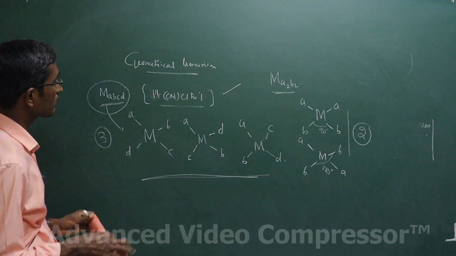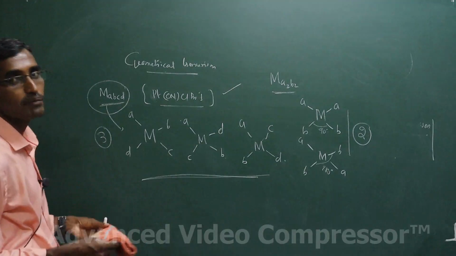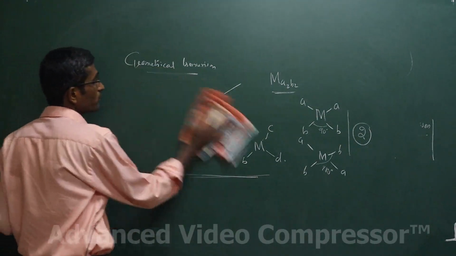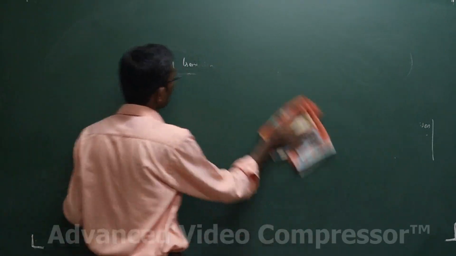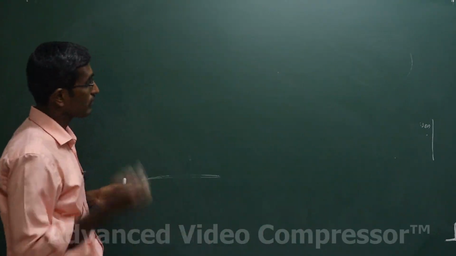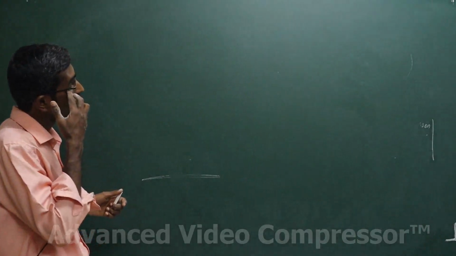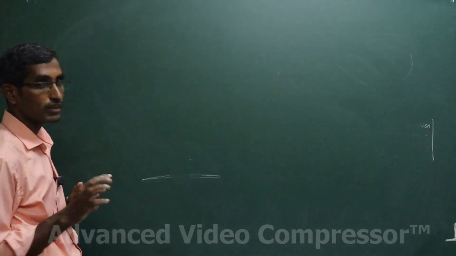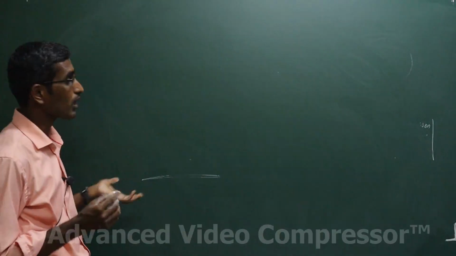So no variation will happen, students. Okay, so MA2B2 and MABCD are the 2 forms which can show geometrical isomerism from the square planar side.